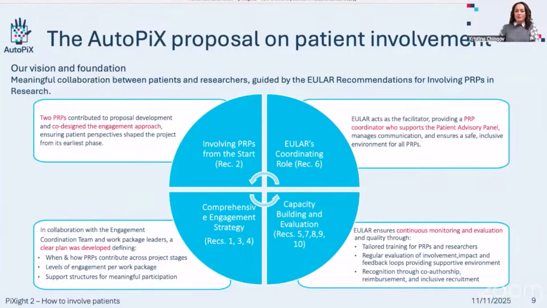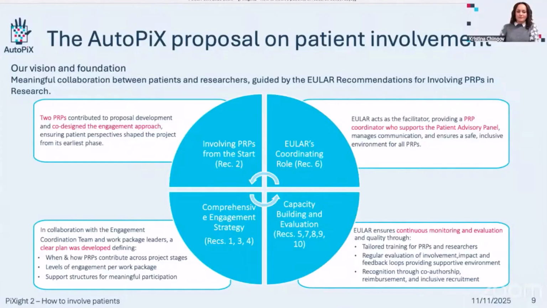In the project proposal, we highlighted the EULAR's role as a facilitator in providing the supportive environment for PRPs to flourish within the scientific project. And together with the AutoPiX engagement and coordination team, we sat down together and really thought about what are the specific needs of AutoPiX and how should we best tailor our approach to the needs of AutoPiX.